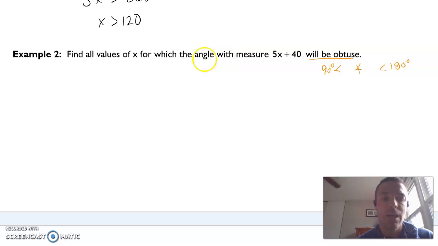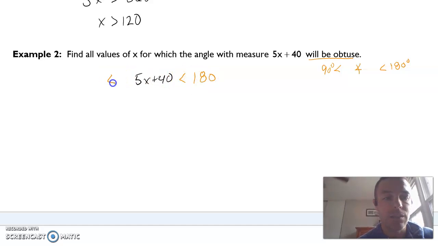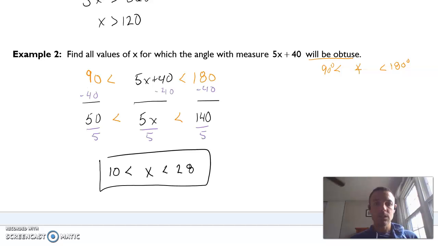Since I know the angle has a measure of 5x plus 40, I can take that 5x plus 40 and set it less than the 180 degrees, and at the same time greater than the 90 degrees. And again, algebraically, solve for x. If you haven't done it, press pause, solve for x. So in this case, x would have to be greater than 10 and less than 28.